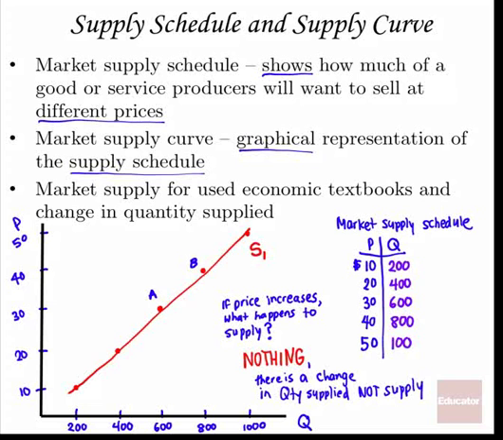So this is a movement along the supply curve, which is different than a change in supply. Something other than price has to change in order for it to be a change in supply. A movement along the supply curve only moves up and down the curve, and there's no change in actual supply.